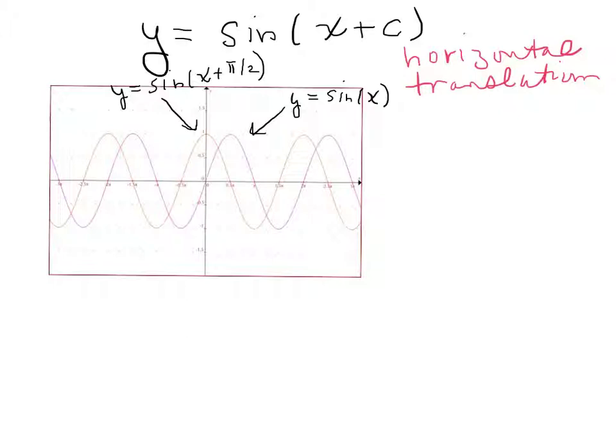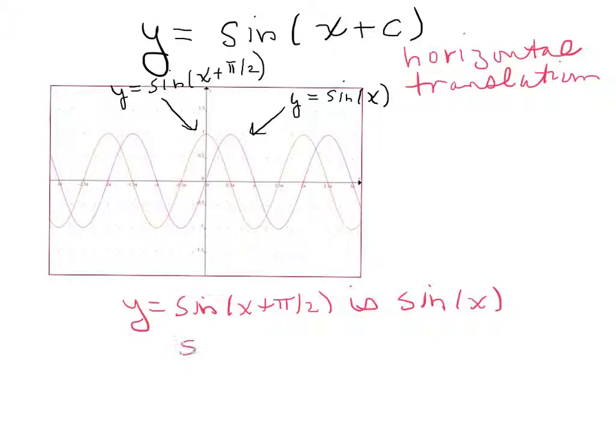Yes, that's correct. Good guess. y equals the sine of x plus pi over 2 is the same as sine of x shifted pi over 2 to the left.